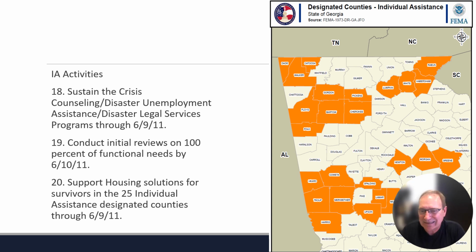So that's an IA assessment. A PA assessment is schools, public works, roads, infrastructure, traffic lights, things like that. And then mitigation is what communities qualify for additional funds to help them rebuild in a way that at least allows them to continue to provide the services that they provide.